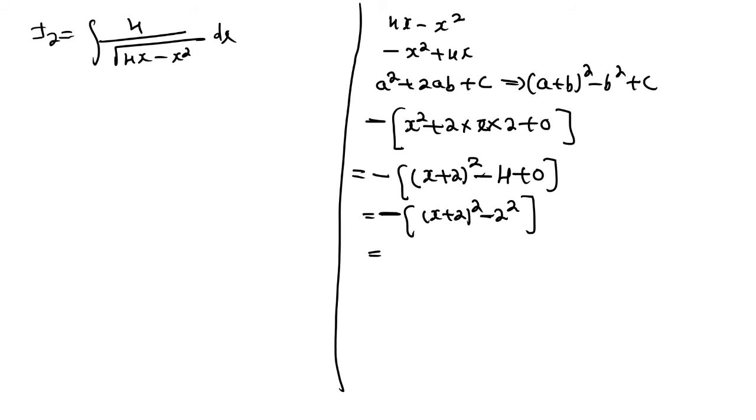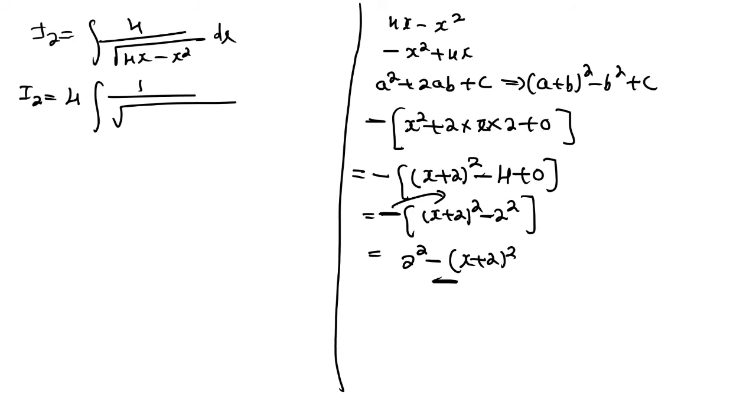So it reverses, right? What you will get? 2 square minus x plus 2 whole square. Okay, taking this minus sign inside the bracket. So I2 is equal to 4, keeping 4 outside, 4 into, then here what you will get? 1 by square root of 2 square minus x plus 2 whole square into dx.